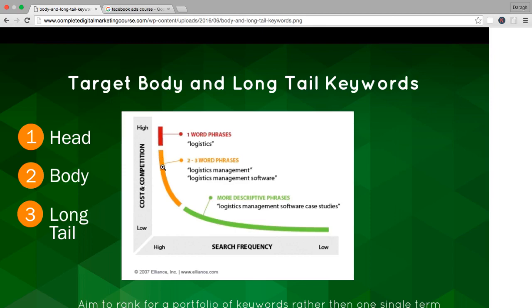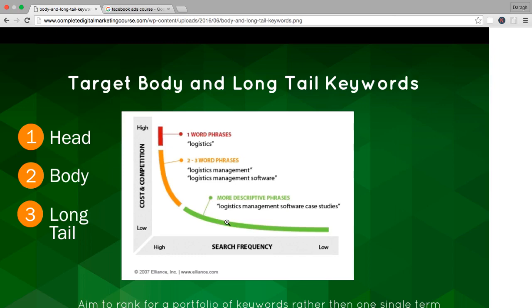They're moving down this side, and also the search frequency can be a little bit less. Because they're more specific, the search frequency is less, but they're also less competitive. And then out here we have the long tail keywords, something like logistics management software case studies. Obviously there's going to be fewer searches for that because it's more specific, but also it's much less competitive.